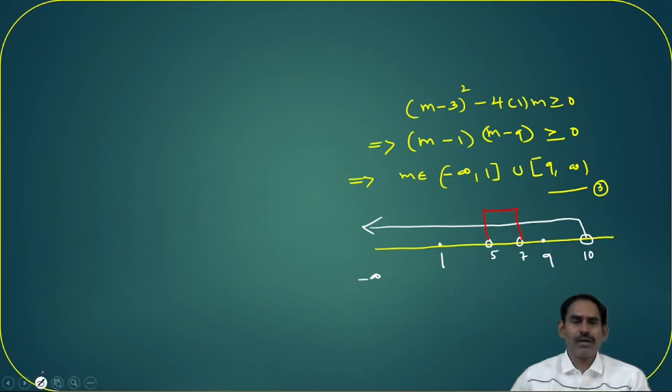Now according to third one, m is minus infinity to 1 and 9 to plus infinity. See, clearly there is no intersection of all these three lines, blue, red, white. There is no intersection. Therefore, answer is m belongs to null set.